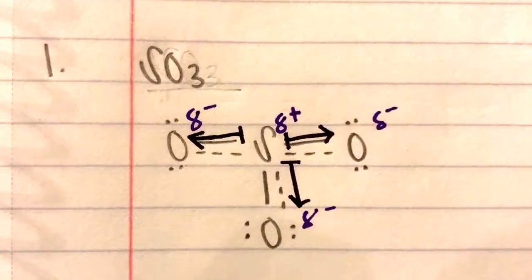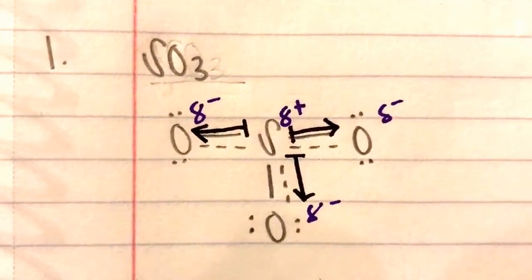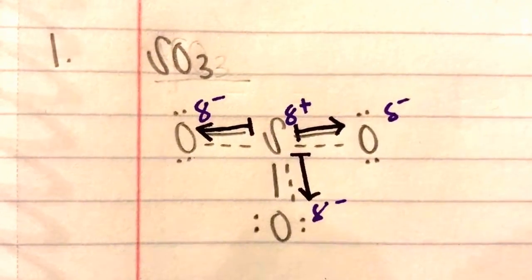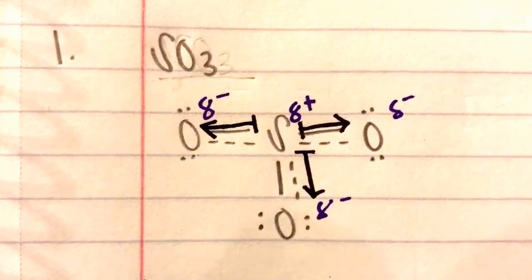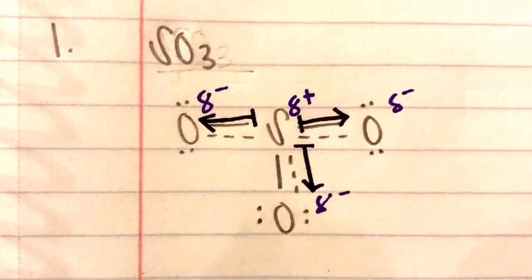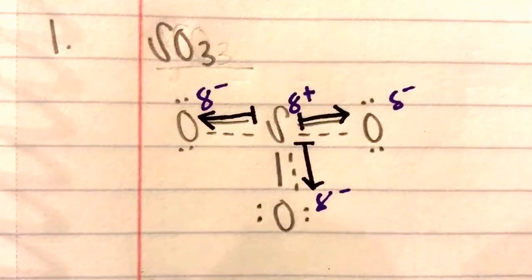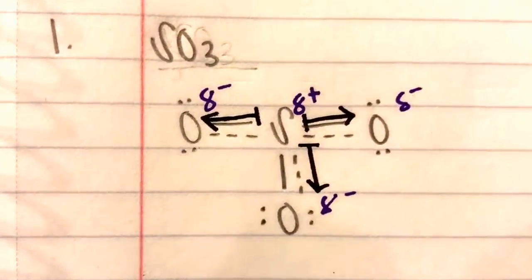Let's look at the bond dipoles for SO3. The tail of the dipoles all start at the partial positive sulfur atom, and they will head towards each oxygen atom because it is partial negative.